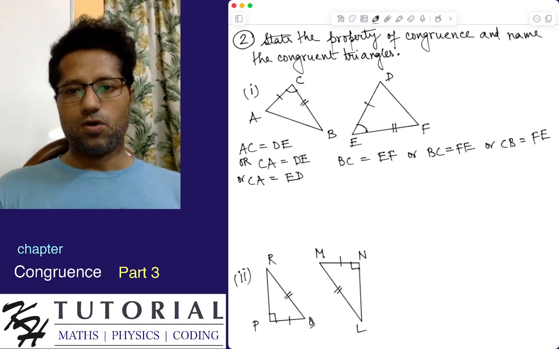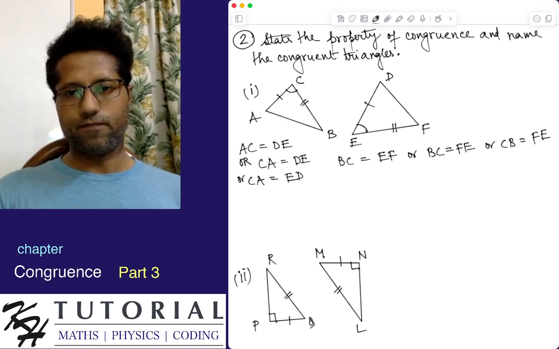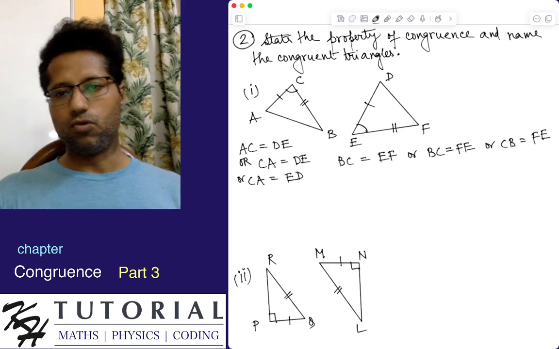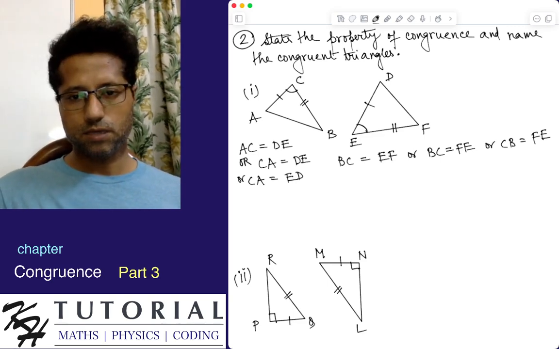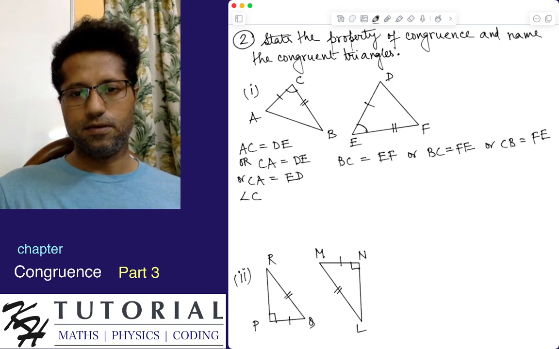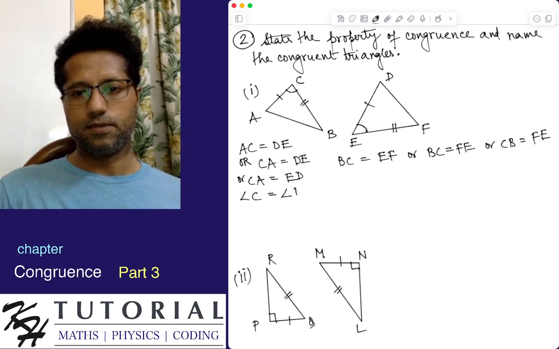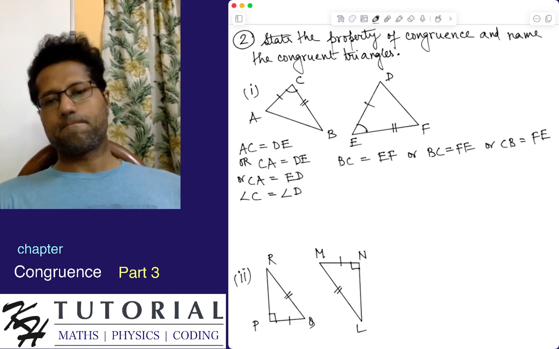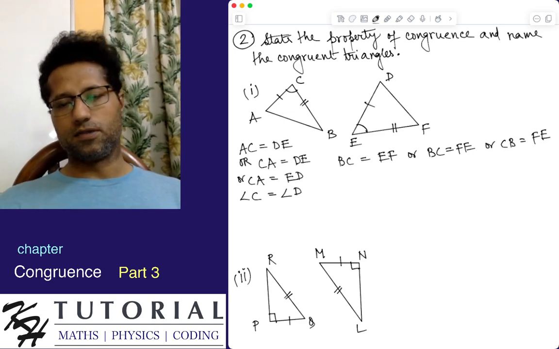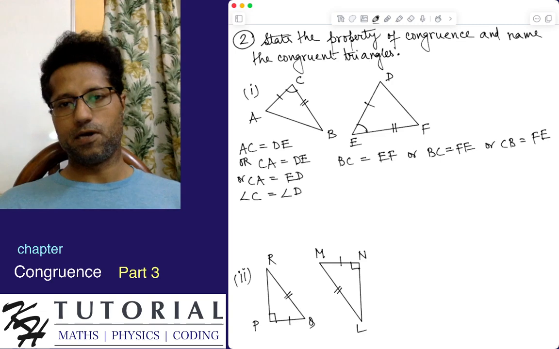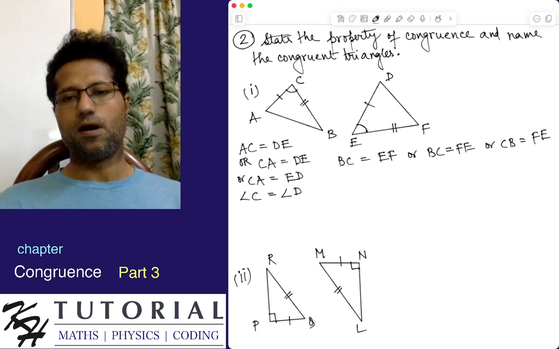Okay. What else we have? We have the angles. Equality of two sides is given, and also the angle is given. It is given that angle C is equal to angle B. So we can see in the three matching parts, one is angle and two are sides.